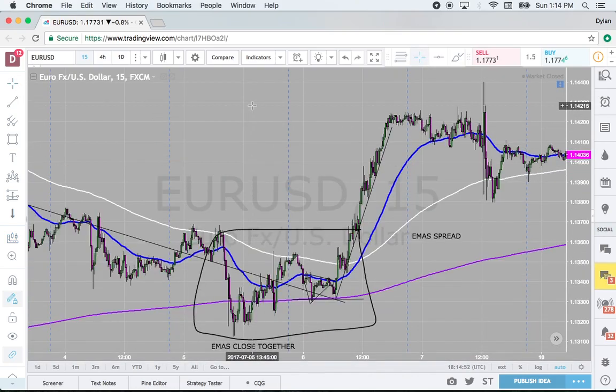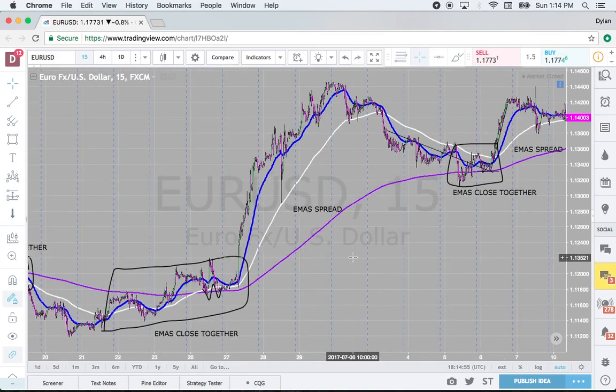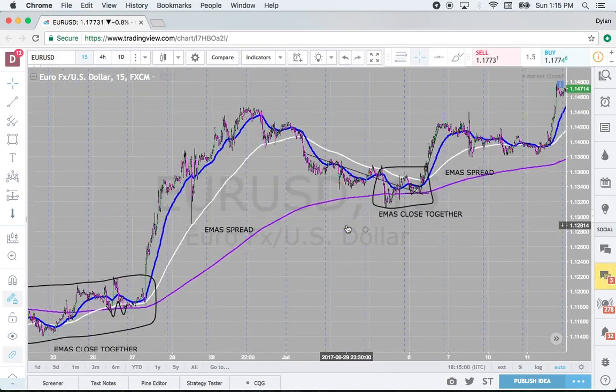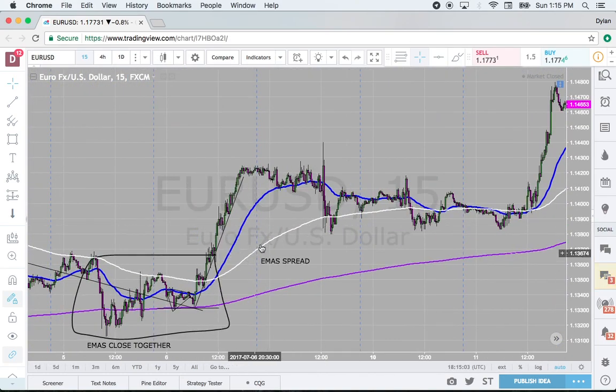So, EMAs spread. When the EMAs spread out, you can also see that once they've been bunched together, at breakout they spread out. The spreading out represents a trending environment.